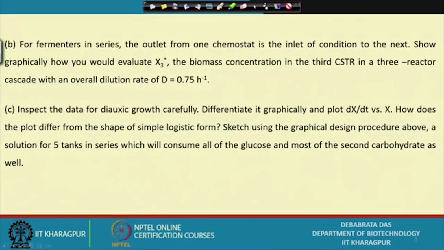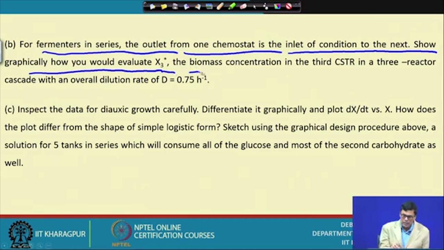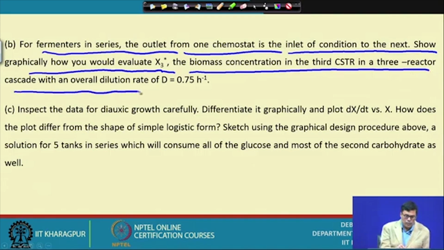The other portion of the problem is that for fermenters in series, the outlet from one chemostat is the inlet condition for the next. So graphically, how would you evaluate x3 star, the biomass concentration of the third CSTR in a 3 reactor cascade with an overall dilution rate of 0.75?